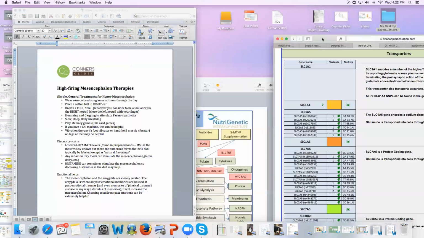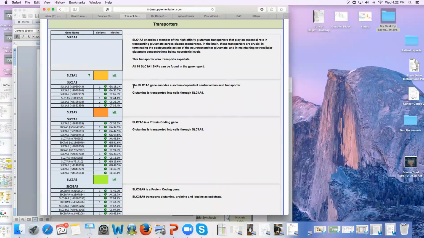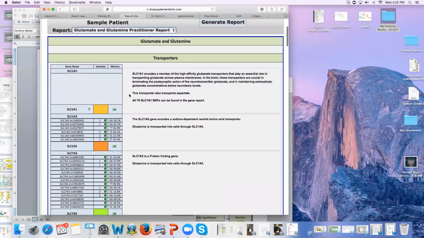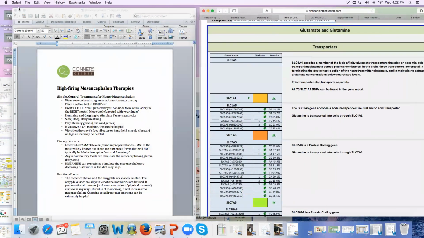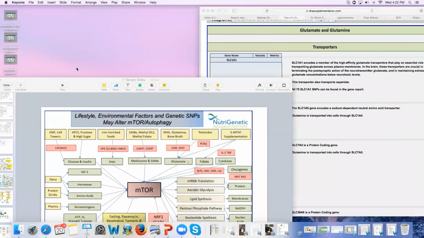But you've got it memorized for the quiz anyhow. This is the glutamate piece that you look at when you're looking at how well this person handles glutamate. I didn't get to this last time we spoke about mTOR.